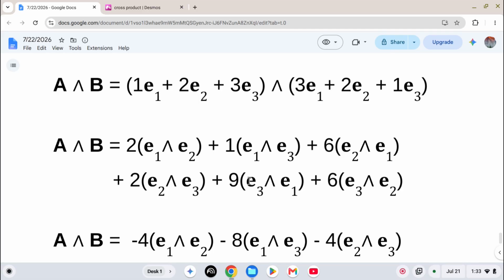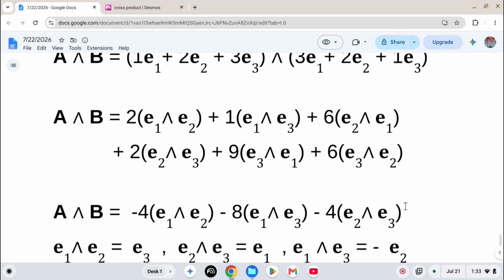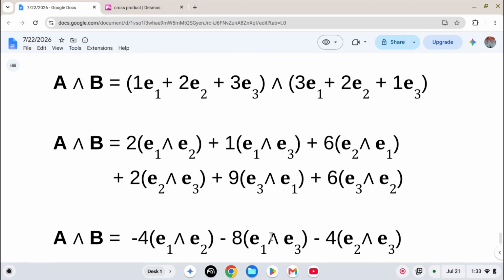If we flip that, we got 1 minus 9 is minus 8, E1 wedge E3. And the last one is E2 wedge E3 here, and E3 wedge E2 there. So it'd be 2 minus 6 is minus 4. Now you're saying, okay, what does this mean? I got these things here. What do I do with these things?